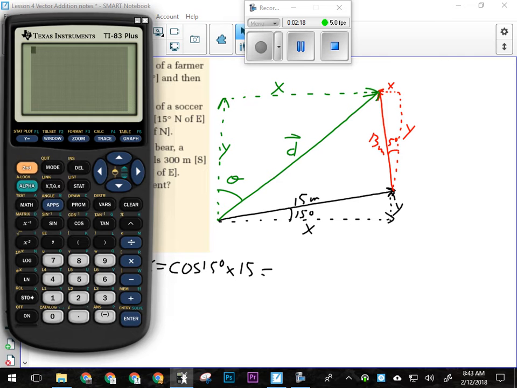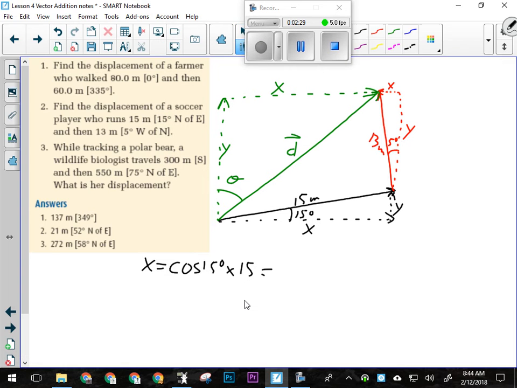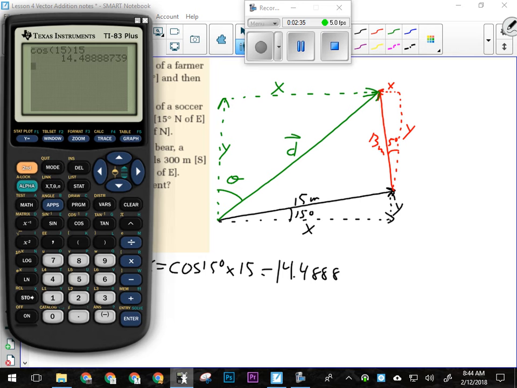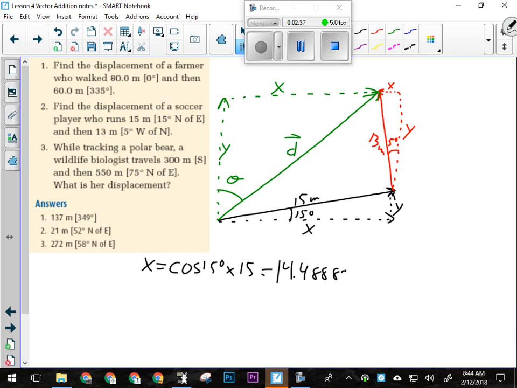All right, so we're going to have cos of 15 times 15. And that's going to be 14.4888739 meters, and that's pointing east, so I'm just going to write east off of that so that I remember.